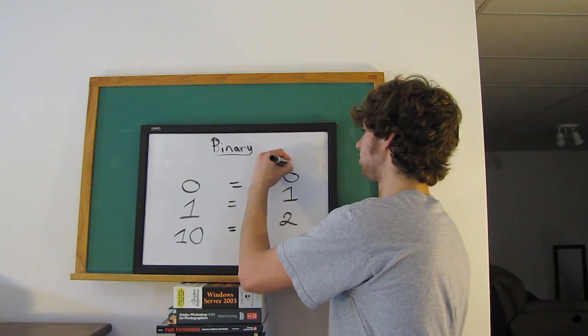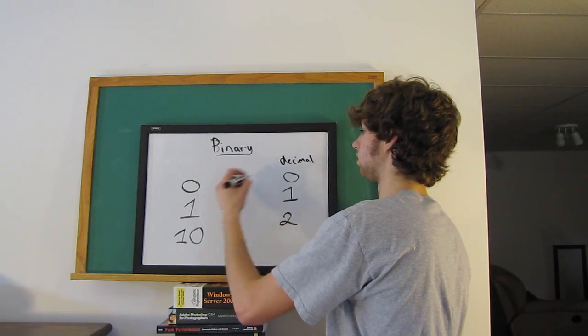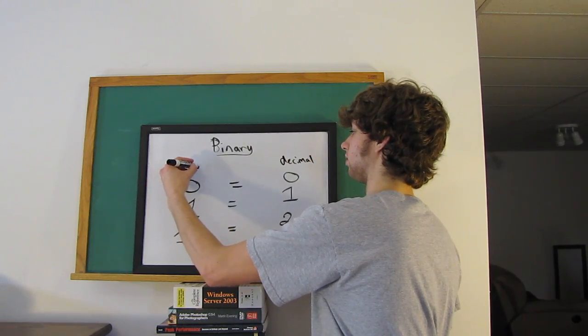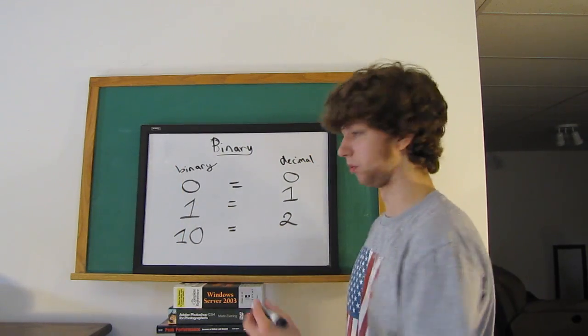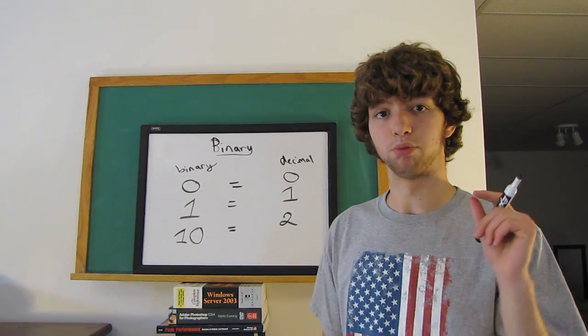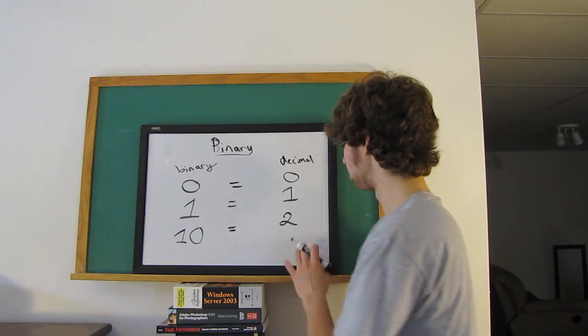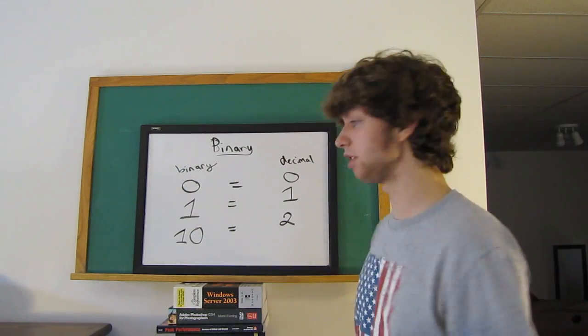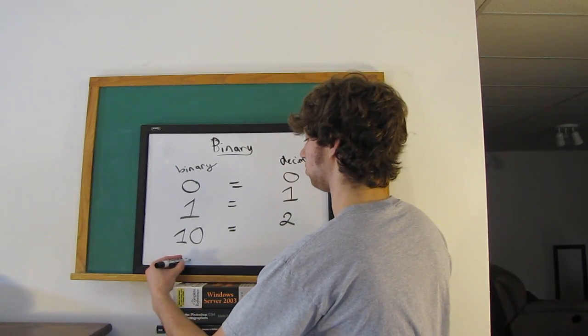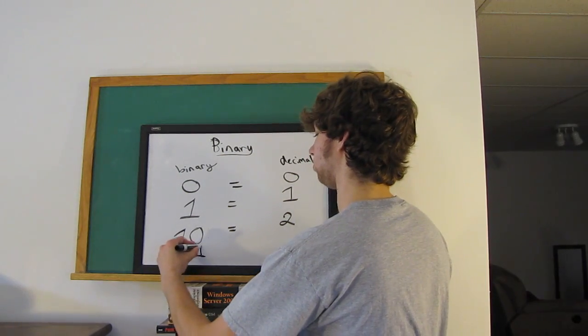So over here's decimal, over here's binary. This looks like 10 to us, but computers understand this to be 2. So hopefully that makes sense. And then we can add another one and we get 1, 1.